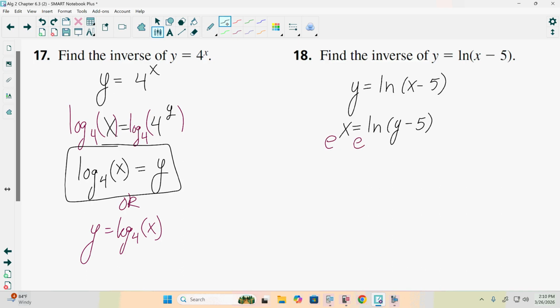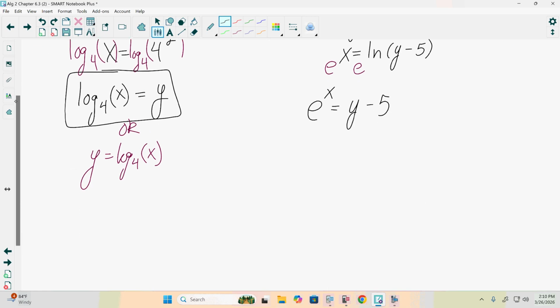And to do that, we're going to put both sides to the base of e. And when we do that, the left-hand side is going to become e to the x. Doesn't simplify, doesn't reduce, it's just e to the x. The right-hand side, the e and the natural log will simplify out, leaving us with what? Y minus 5.